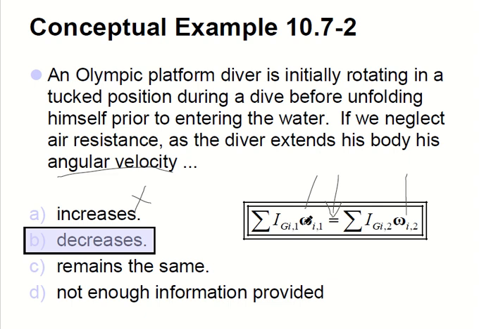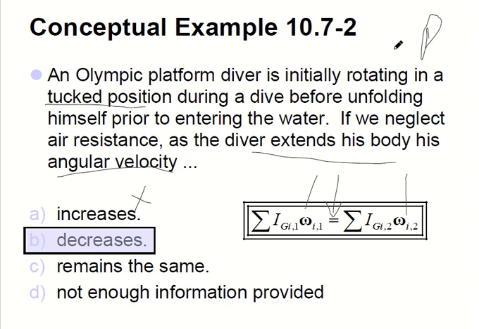So if this angular velocity decreases, then your mass moment of inertia is going to increase. Your mass moment of inertia, this resistance, increases because he changes the position from tuck position to extending his body.